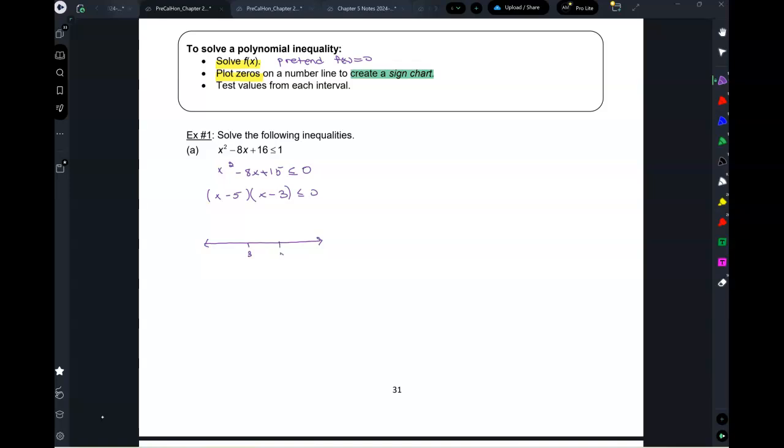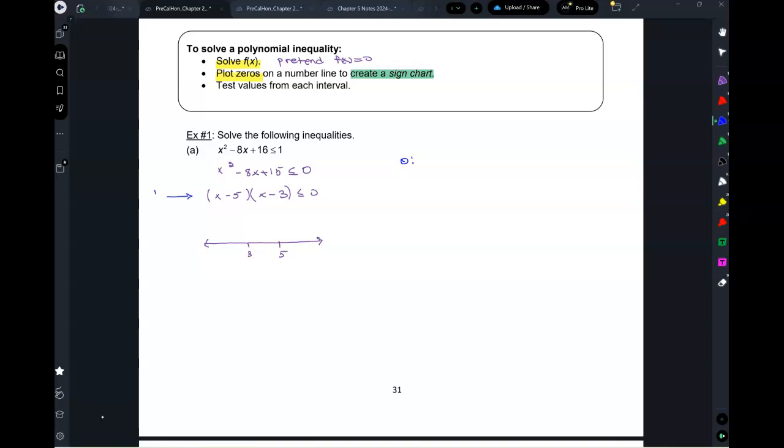So you have to create a sign chart. Put it on a number line. 3 and 5. Now you're going to pick points from each of the regions. So let's start with the leftmost region. I'm going to put 0. You can plug it in either like this first step or this one.